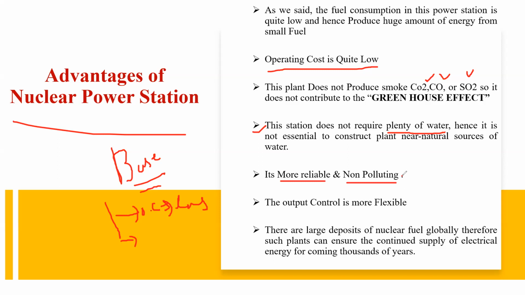Then its output control is more flexible. I know this is a continuous chain reaction, but if you properly design your nuclear reactor and use proper components, that is, the moderator, control rods and coolant, then we can definitely achieve proper control in the nuclear power plant.